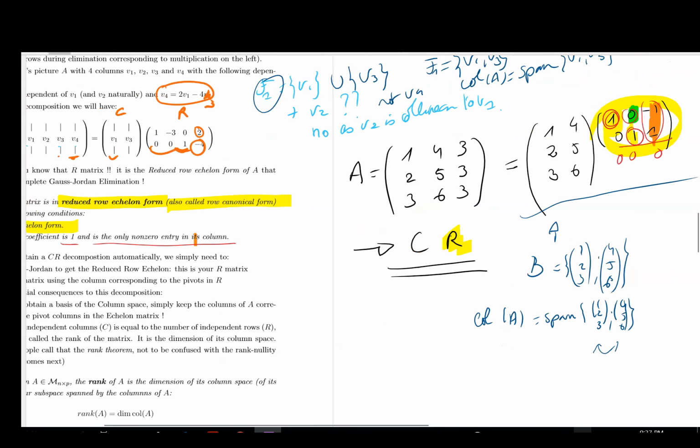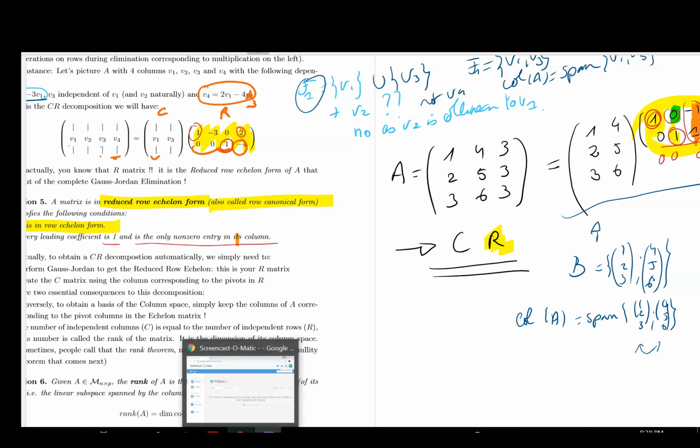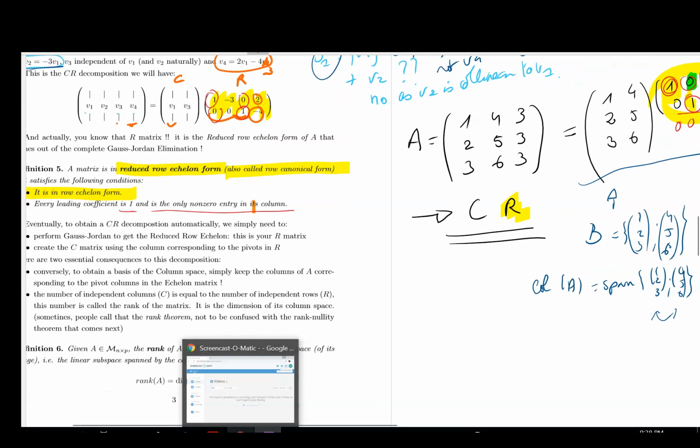Just like in the previous example, we have the pivots, this one and that one, and above and below the pivot we get zeros here and here.